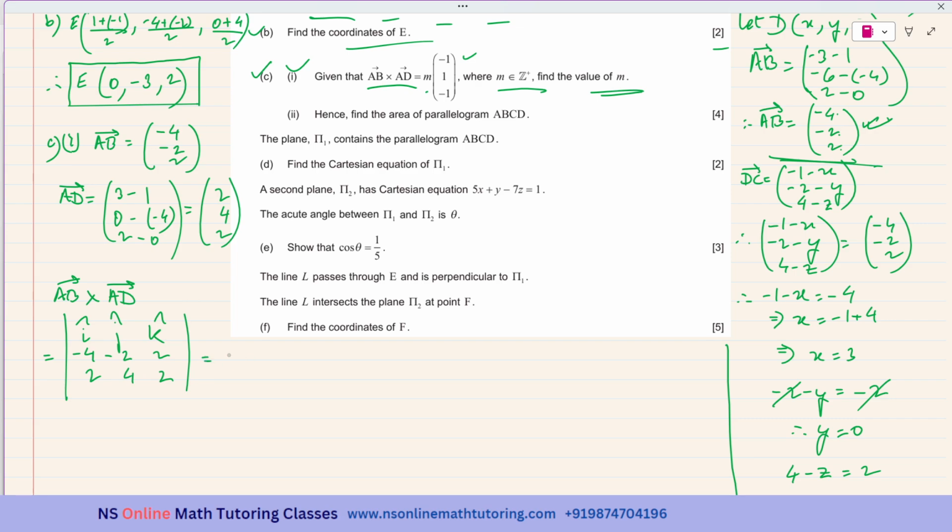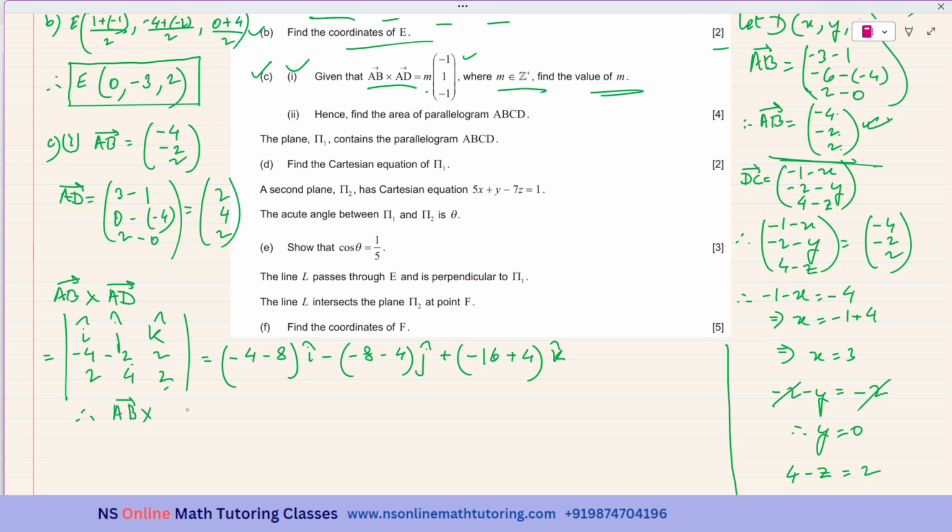This is equal to (-4 minus 8) i, minus (-8 minus 4) j, and plus (-16 plus 4) k. I assume that you know how to find the vector product.